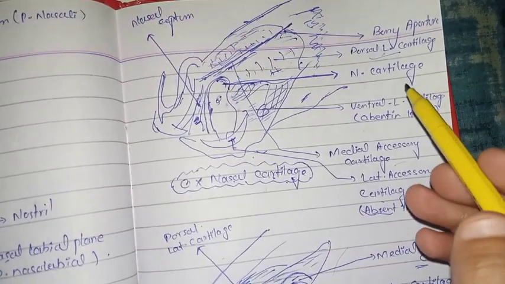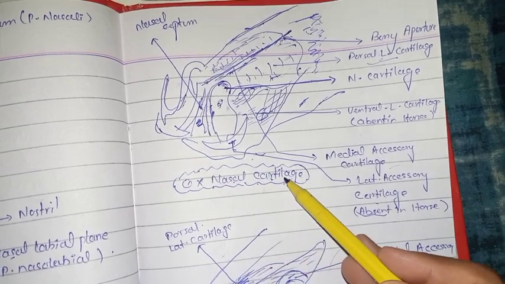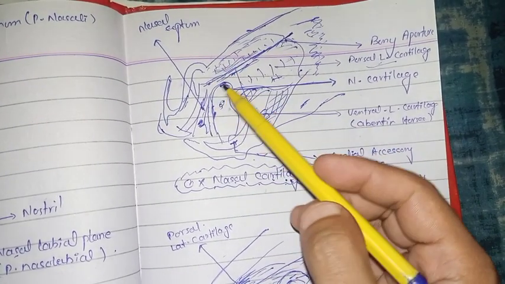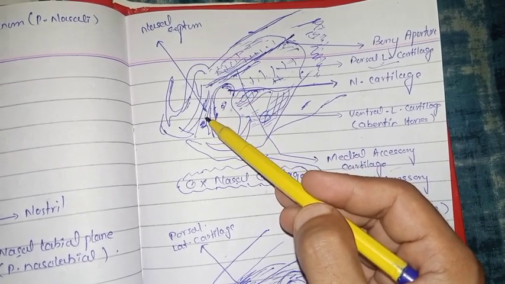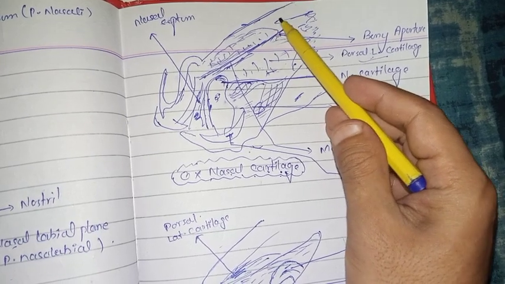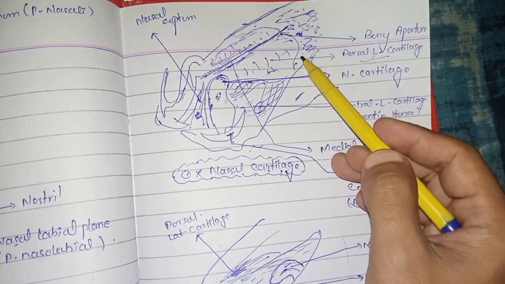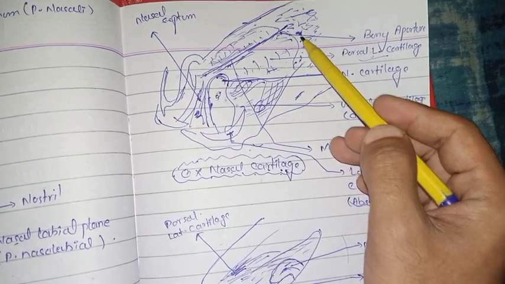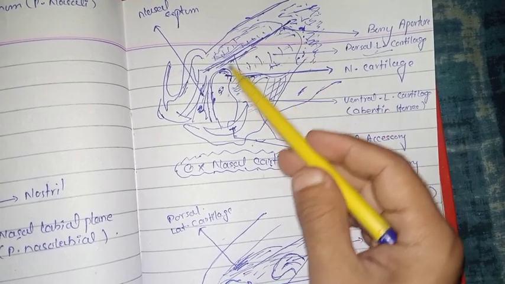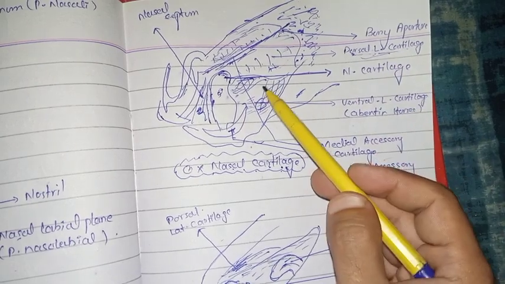Now we can see the cartilage portion of ox nasal cartilage. It includes nasal septum, bony apertures, which is the hard part of the nasal portion. This part includes nasal dorsal cartilage.